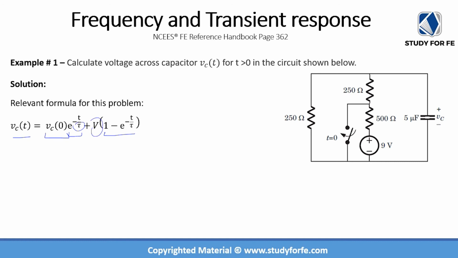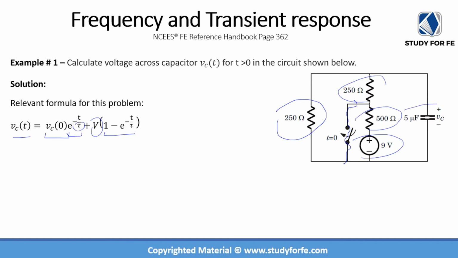Now you can see that initially the switch is open. When the switch is open, you can ignore this part, and you have the circuit in the form of 3 branches. This branch only contains a 250 ohm resistor. This branch contains a 250 ohm as well as a 500 ohm resistor, in addition to a 9 volt battery.